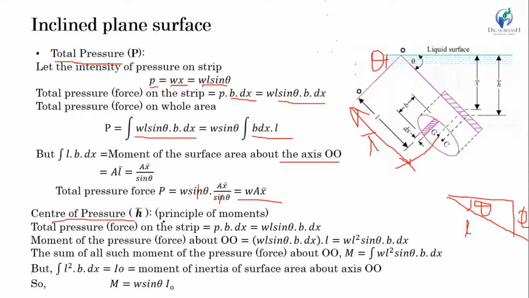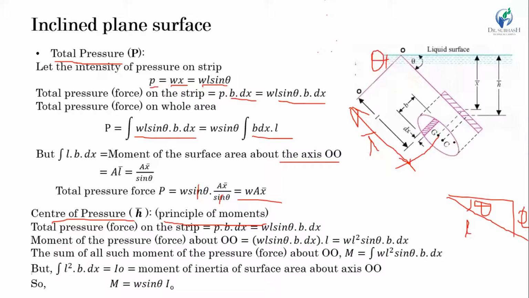For that, we again recall the principle of moments, which states that the moment of the resultant force about any axis is equal to the moment of the components of all the forces about the same axis. So again, let's consider the very small force acting on the strip and its moment with reference to OO.